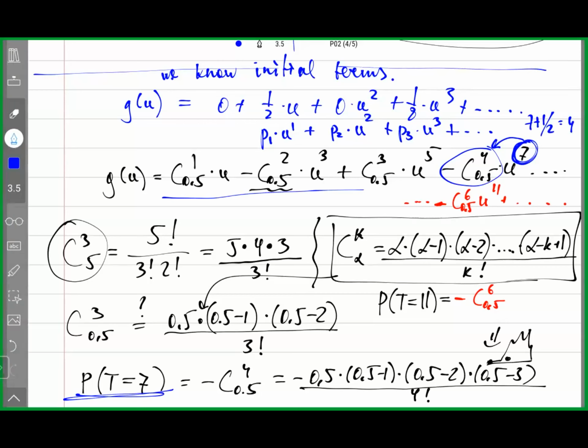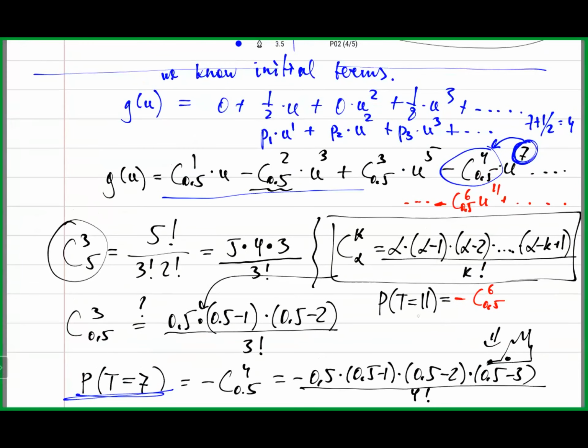Okay, so here to calculate probability that t is equal to 11, 11 plus 1 is 12, 12 divided by 2 is 6, and I remark that when I have odd superscript 1, 3, the coefficient is with plus, and when I take even superscript, the binomial coefficient is with minus.